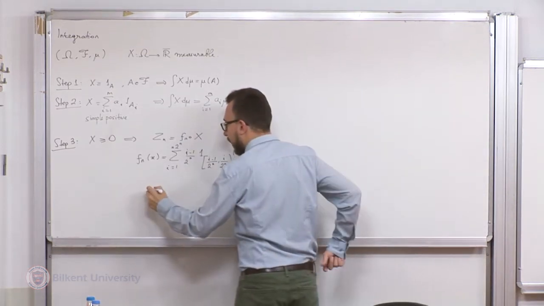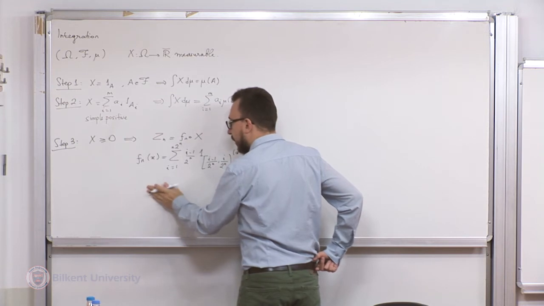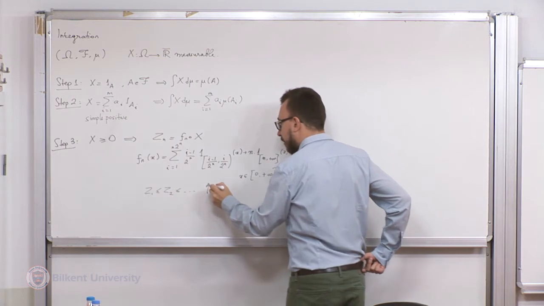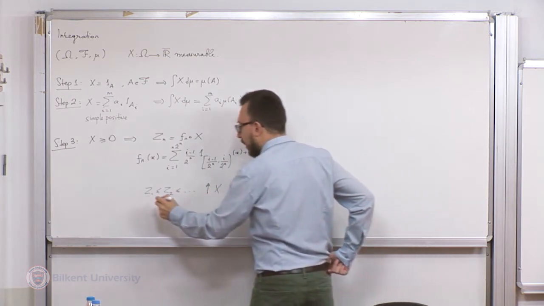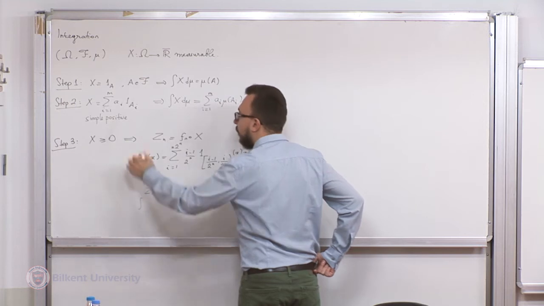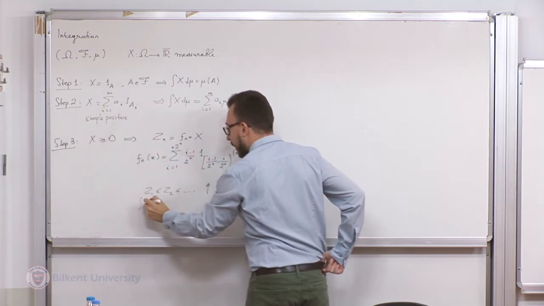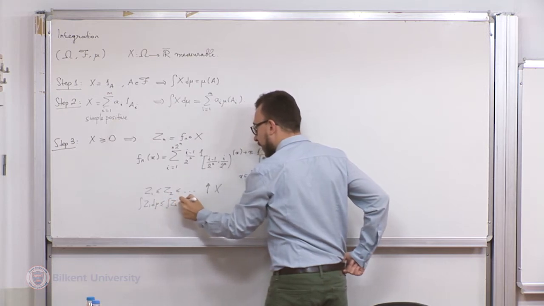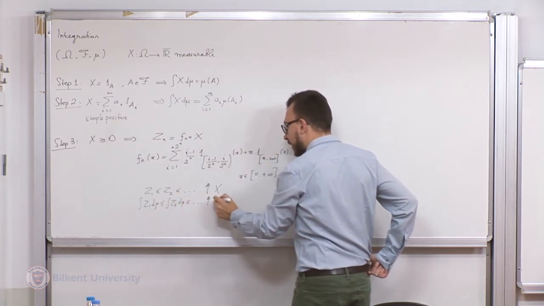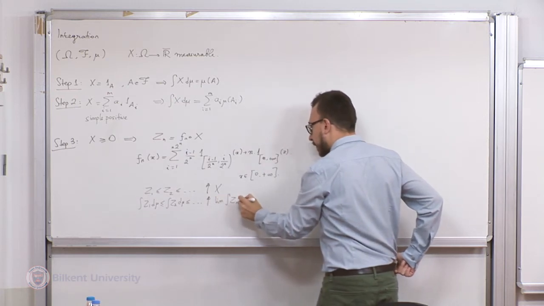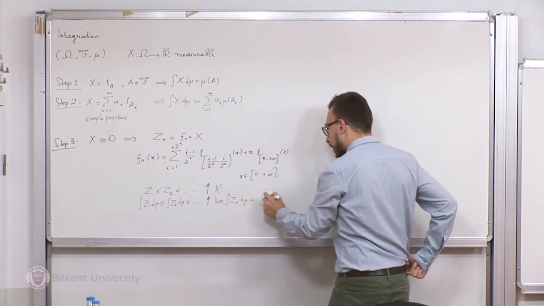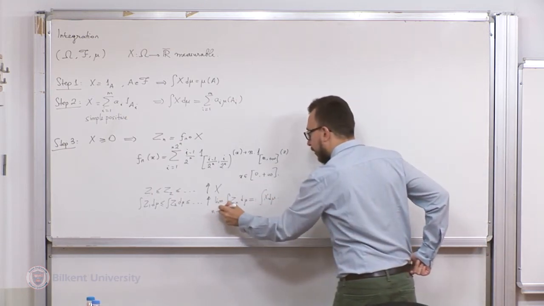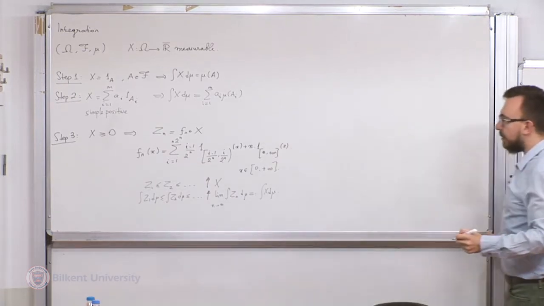And we had z_1, z_2, etc., with limit being x. Therefore, by the monotonicity of the integral, at that step, we also had the integrals of those simple functions increasing, and they have a limit. And we set this to the integral of x d mu. This was the way we defined the integral for positive measurable functions.